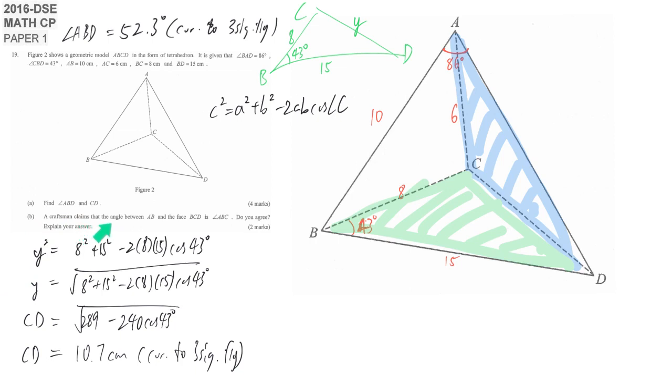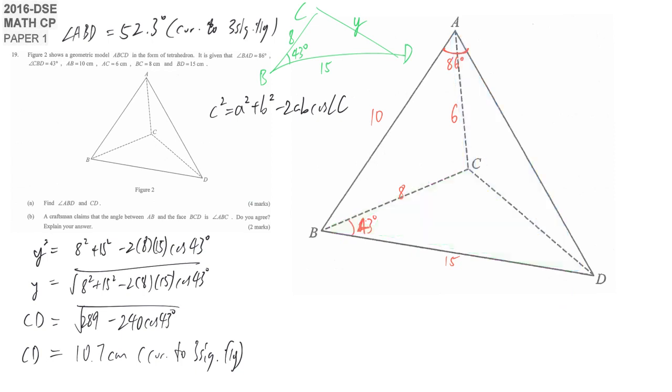And then in part B, someone claimed that the angle between line AB and the face BCD is angle ABC. They're asking about this line compared with this plane. The key point of this question is just simply asking you, is AC vertical to the blue plane here?